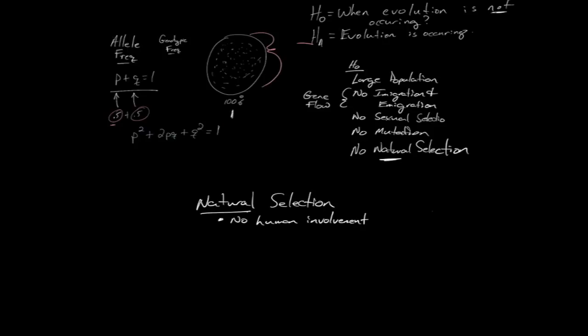So when a dog breeder selects, that is artificial selection. And the truth is that for evolution not to occur, there can be no selection at all. See, artificial selection also will cause evolution. Who has dogs in this room, or has friends that have dogs? Then you know about artificial selection. Each of you has a breed of dog. That breed of dog is different only because humans decided to select them.